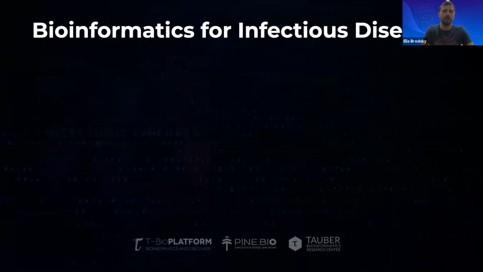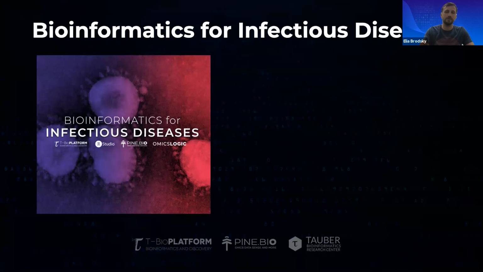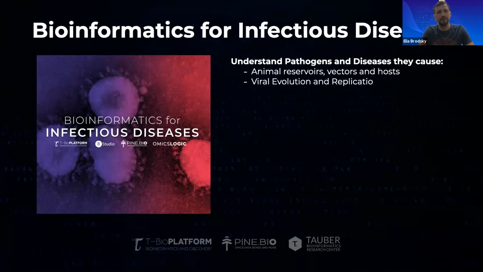And so just to give you an idea of what kinds of topics were covered so far in this program already, this program is really intended to help guide the understanding of pathogens and the disease that they cause by looking at zoonotic transmission, viral evolution and replication, as well as bacterial and parasite infections.